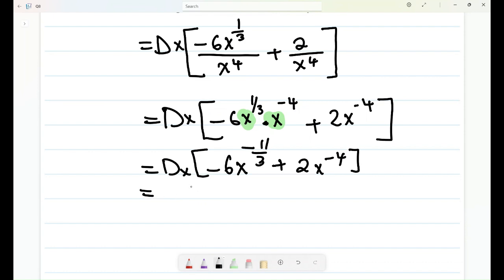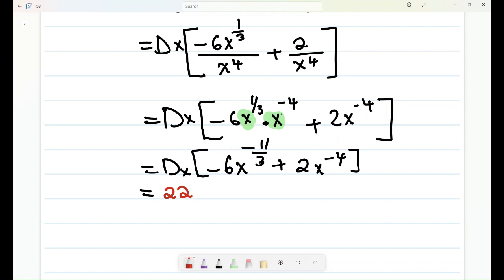Then now, am I in a position of differentiating? Yes. Now that everything is in standard form and good to go, I no longer write this. I can now differentiate. When I differentiate, it is negative 11 divided by 3 multiplied by negative 6, it's going to be positive 22. This multiplied by that, it is positive 22.